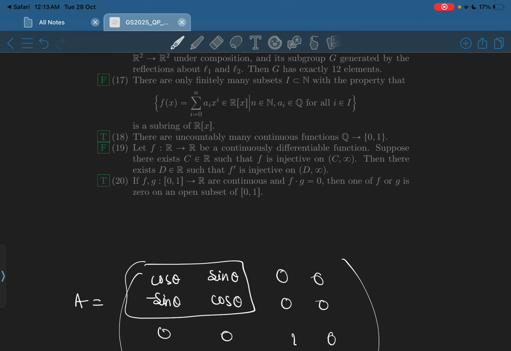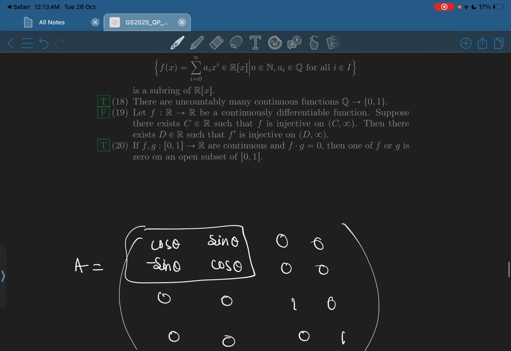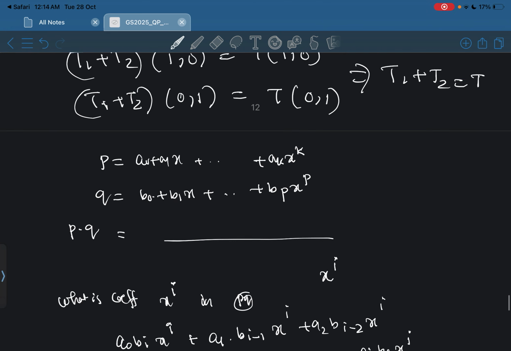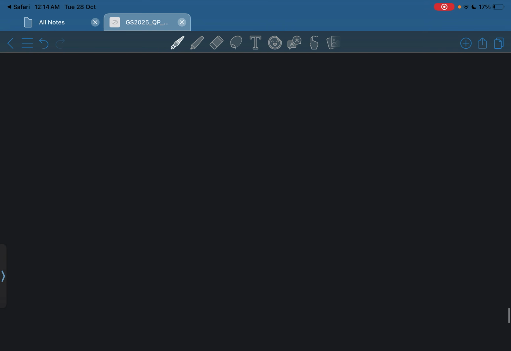Now question number 18: there are uncountably many continuous functions from Q to {0, 1}. This is also true. How to do it?